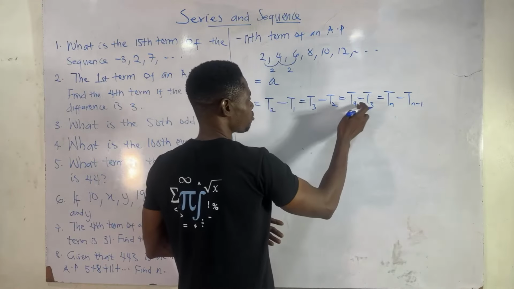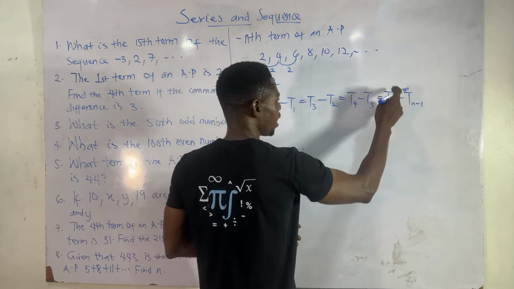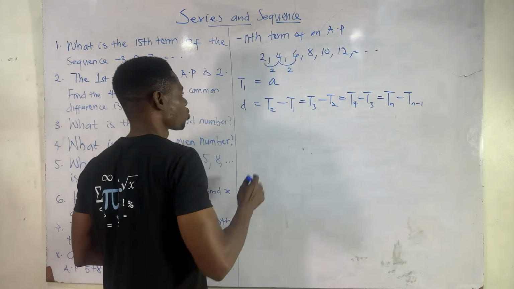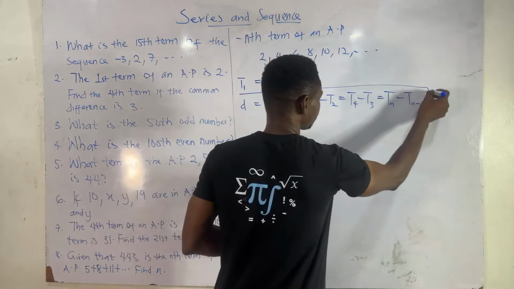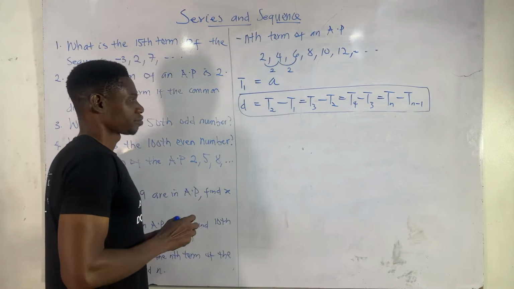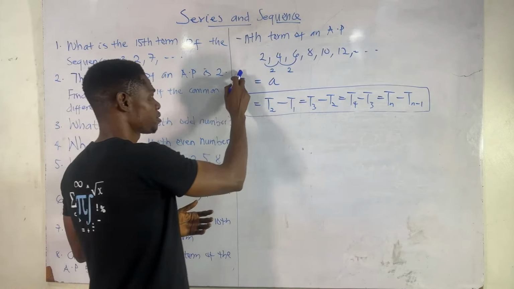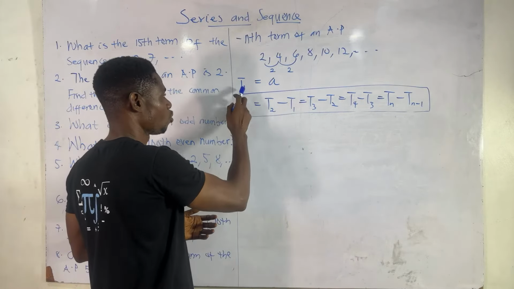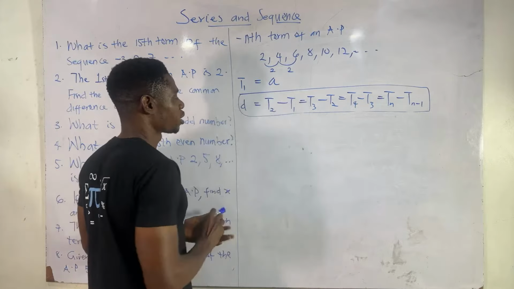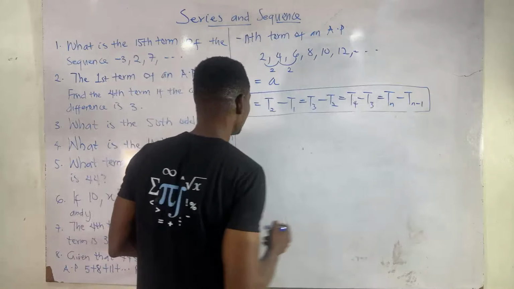So if you have 3 here, you have 4. You have 2 here, you have 3. So Tn minus T(n-1). This is a very important one. So take note, the first term, T1, we'll call it A. And the common difference is T2 minus T1, or T3 minus T2, or T4 minus T3, and so on.